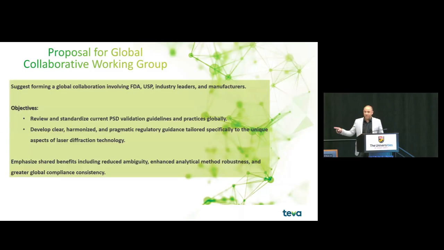But from this, and I think that was also raised yesterday, we came to the idea that there should be a global working group on particle size that will bring together the authorities, the FDA in this case, the industry, and the system manufacturers. And we can work together on the main painful topics. It was so clear yesterday in the discussion.